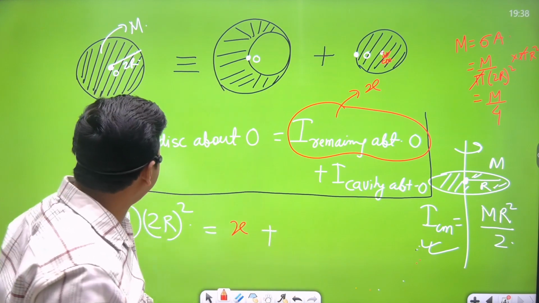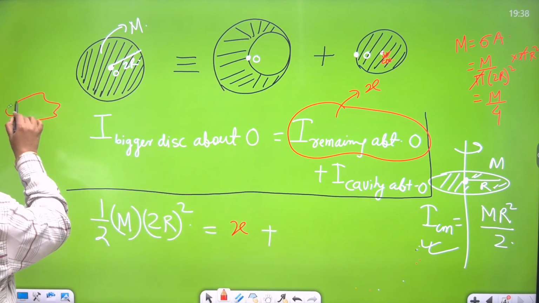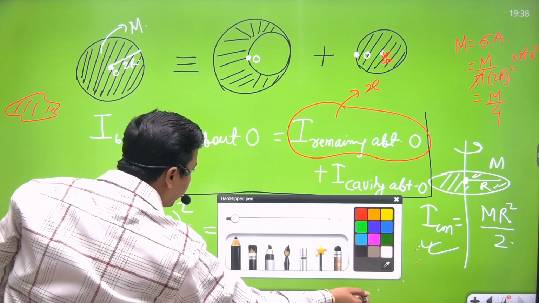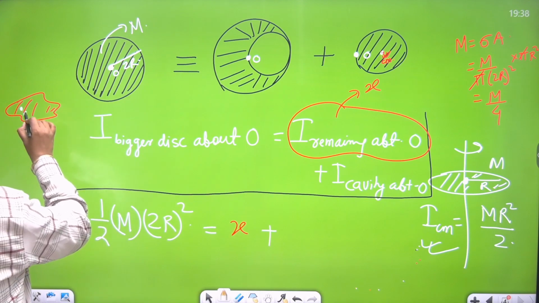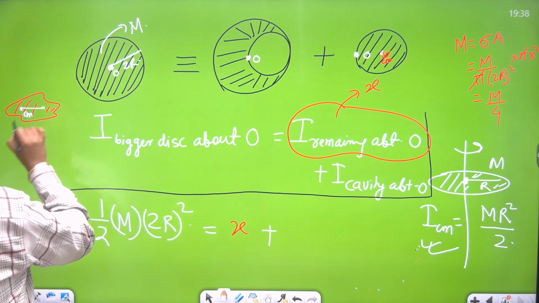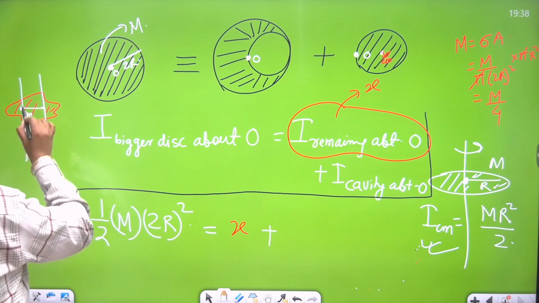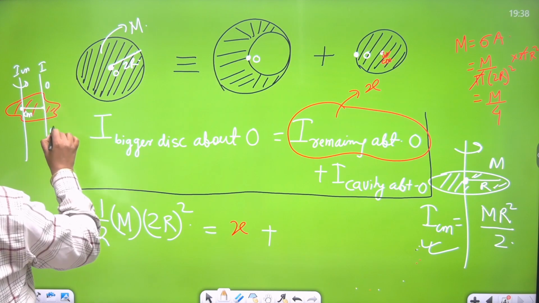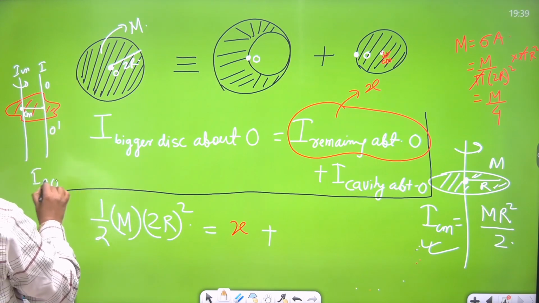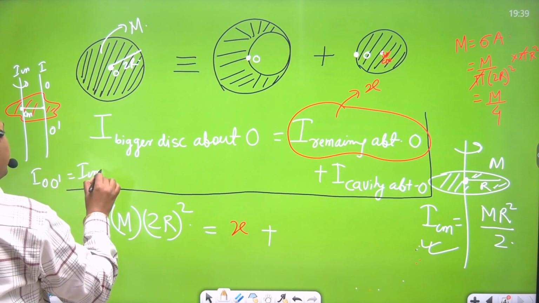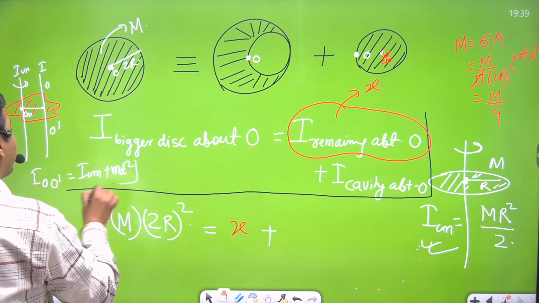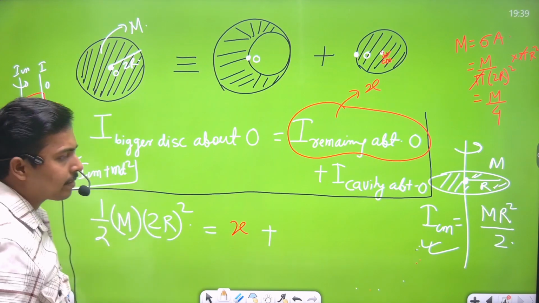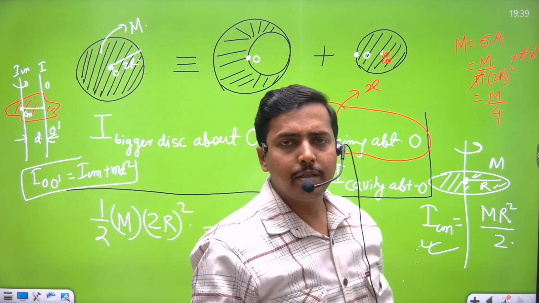Parallel axis theorem says that whenever you have a center of mass, and this is I_CM, and this is I_OO', then I_OO' is equal to I_CM plus Md square, where d is the separation between the two axes, isn't it?